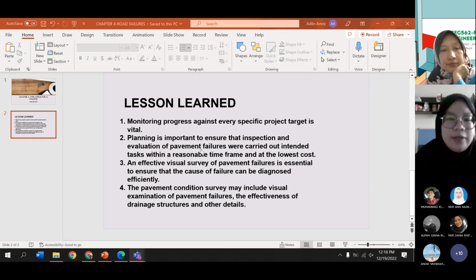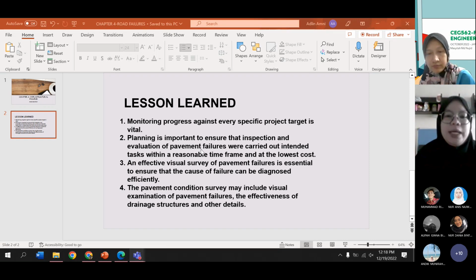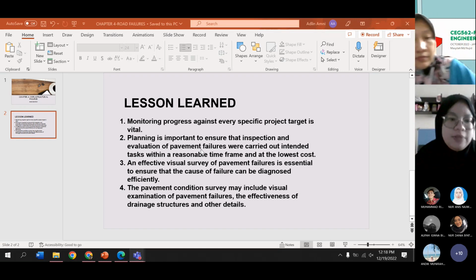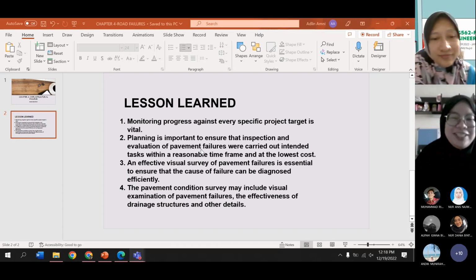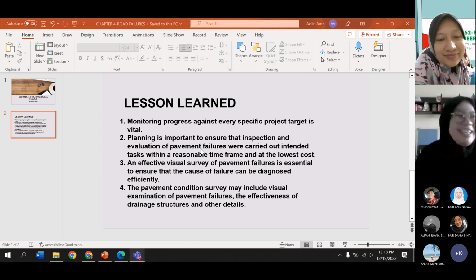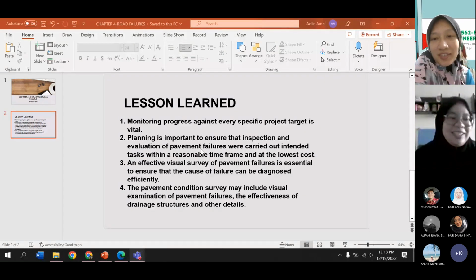Next, an effective visual survey of pavement failures is essential to ensure that the cause of failure can be diagnosed efficiently. And the last one is that the pavement condition survey may include visual examination of pavement failures, the effectiveness of drainage structures, and other details, such as topography.